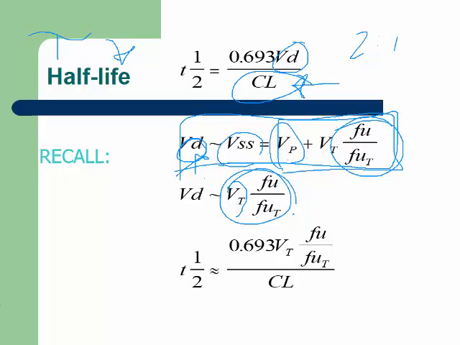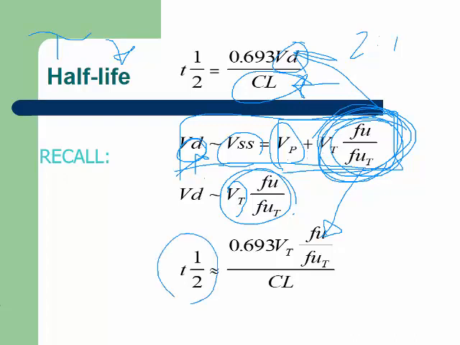Our volume of plasma is relatively small and probably doesn't change much. So I'm going to discount the volume of plasma and say it's really about this piece right here as far as your actual volume changing and what the determinants of the volume are. So if we take this piece and put it in here where the volume of distribution was, we can say now that our half-life is dependent upon 0.693 times our tissue volume, which again is probably going to stay pretty constant, times our fraction unbound in plasma over our fraction unbound in tissue.